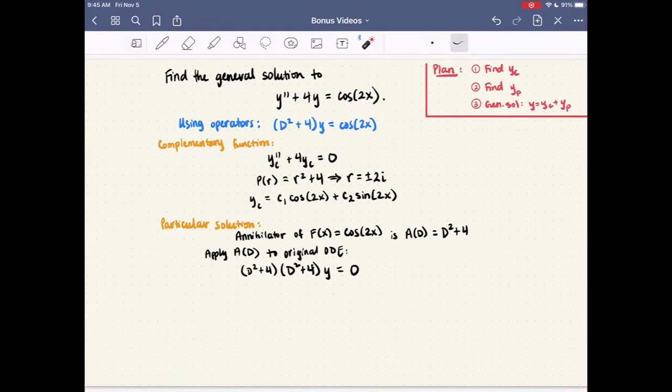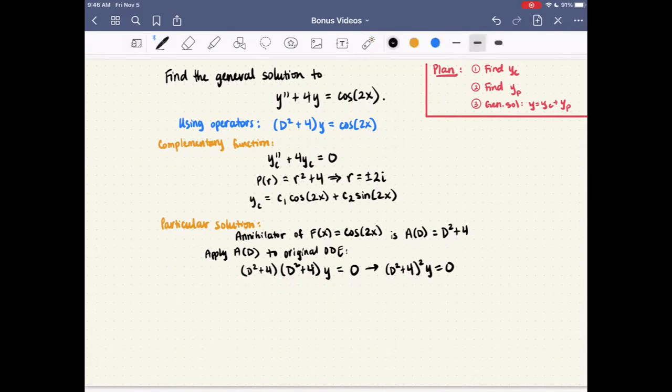Let me point out that the operator closest to y is coming from our original equation, and the operator I'm applying here is my annihilator. Now I could rewrite this as D squared plus 4 squared applied to y, because really I have 2 copies of the same operator.